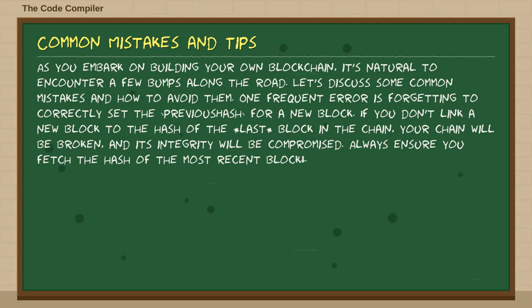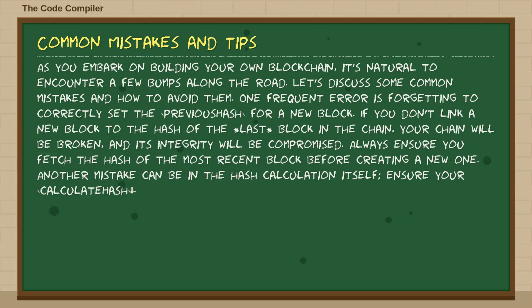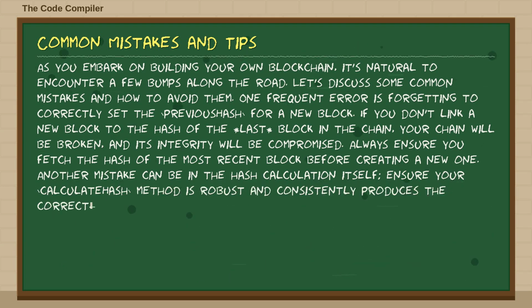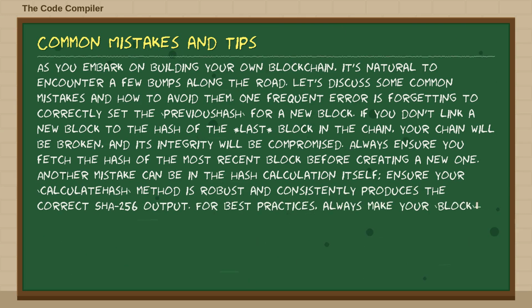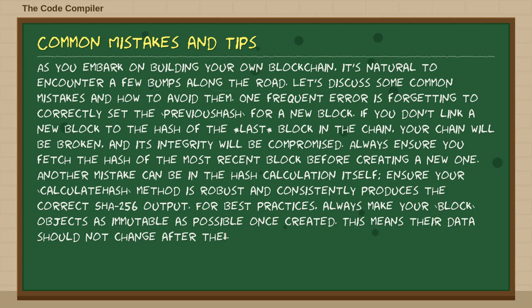Another mistake can be in the hash calculation itself. Ensure your calculate hash method is robust and consistently produces the correct SHA-256 output. For best practices, always make your block objects as immutable as possible once created. This means their data should not change after the block is added to the chain.